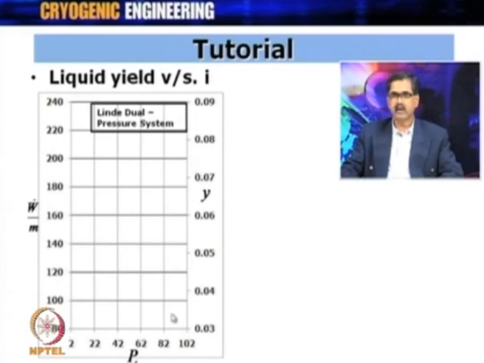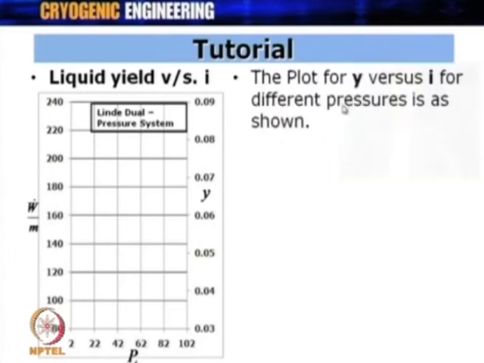On the x axis you have the intermediate pressures, which vary from 2 bar to 102 bar. Let us see, as you increase this intermediate pressure, what happens to the value of y, which is on the right y axis; do not look at the left y axis. So, whatever points we have got, let us plot those y values versus the intermediate pressures.